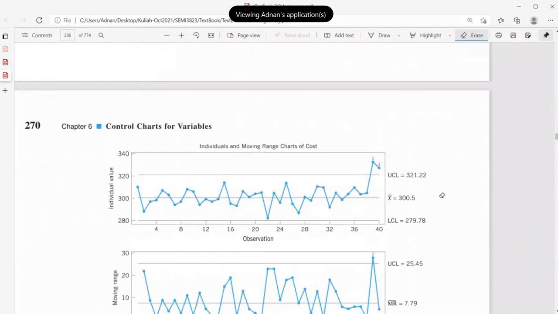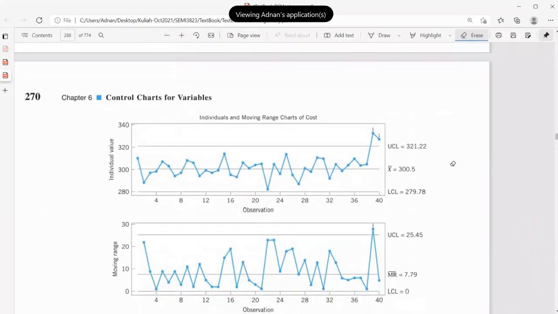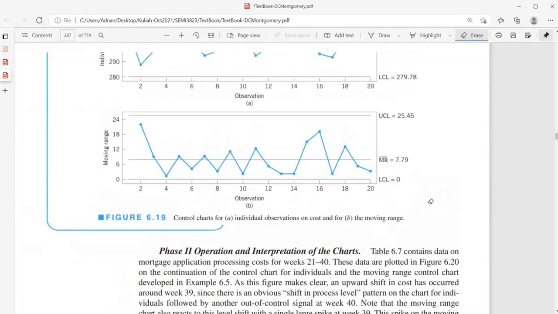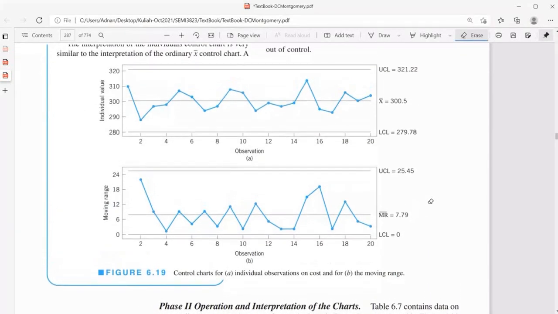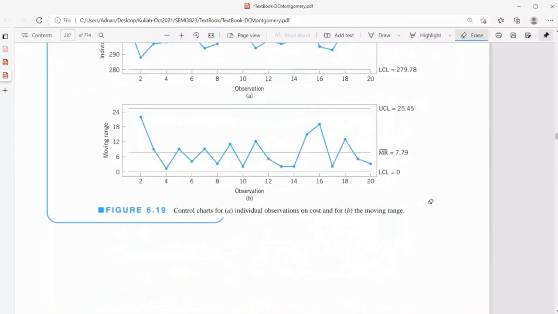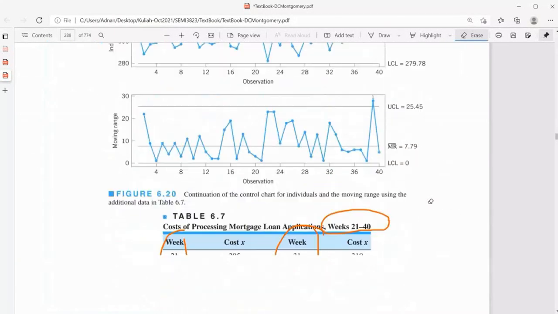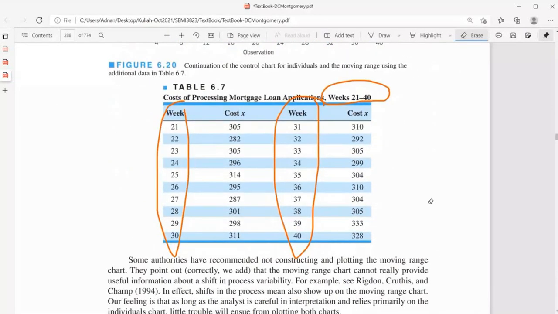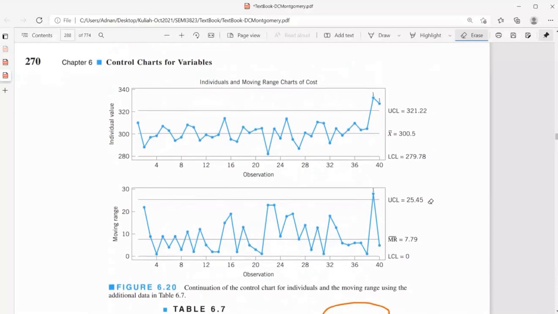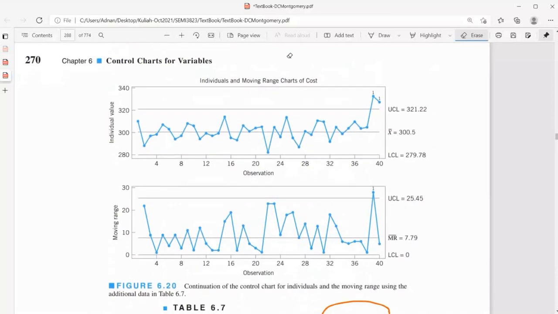You see, we use the same control limit, 321.279, the same as earlier, because the chart now shows the process is in control. But when we continue plotting, we find that at one point something is wrong.